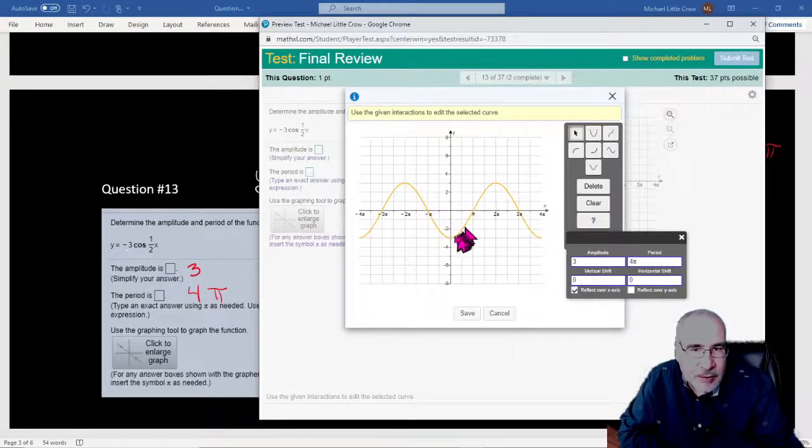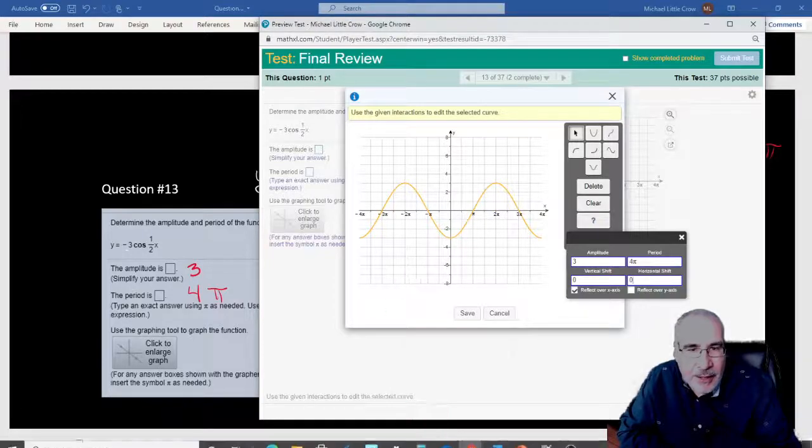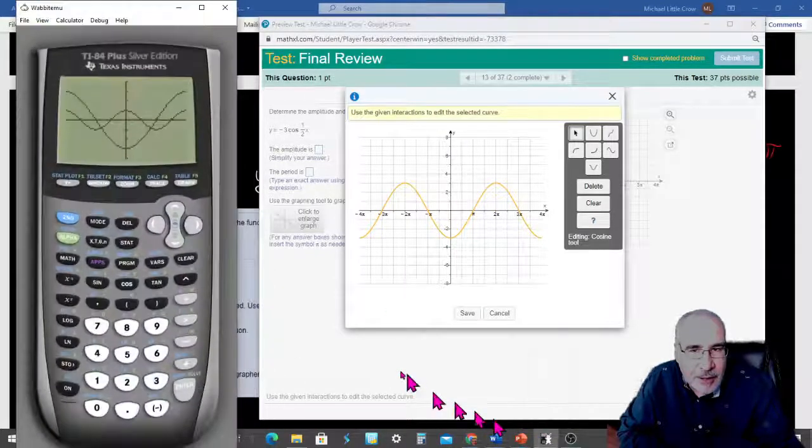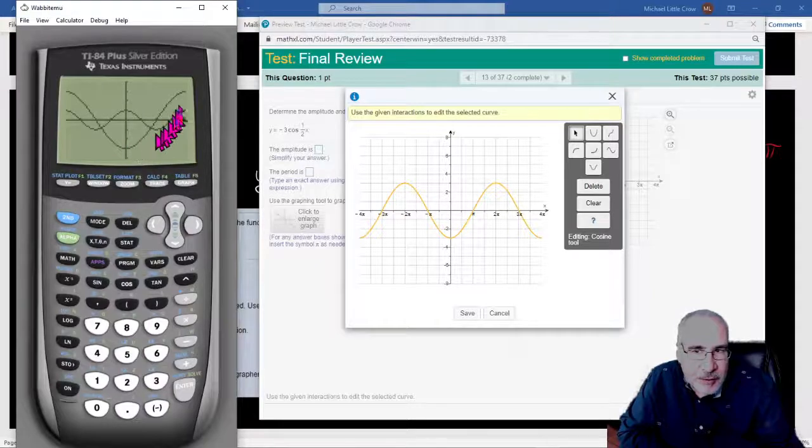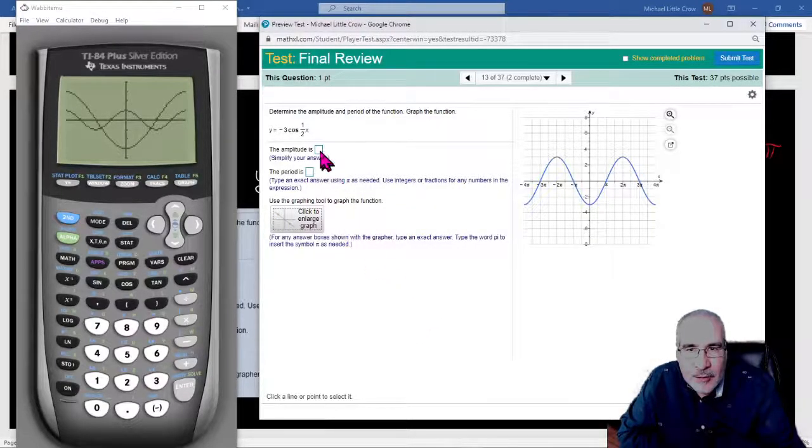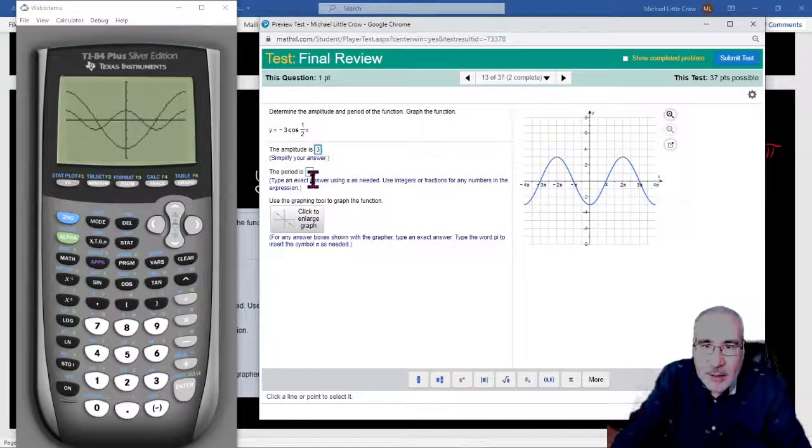And that's what we see. So from 0 to 4 pi, again, pulling up our graphing calculator, doing a check from 0 to 2 pi, we go from bottom to top. It's looking good. Okay, so amplitude is 3, and the period is 4 pi.